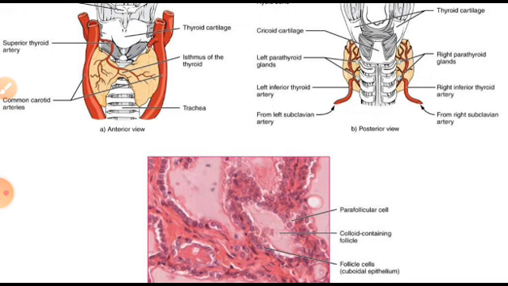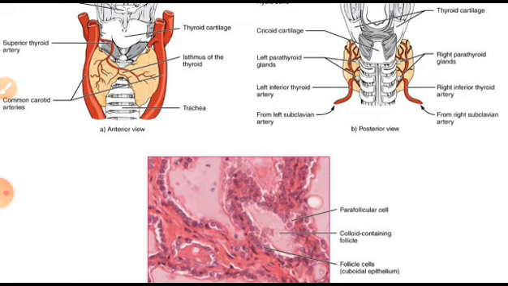The gland is around 30 grams and is present inferior to the larynx, but it secretes very important hormones, and these hormones play very important roles. If you see the structure below, you can find there is a group of cells called parafollicular cells.